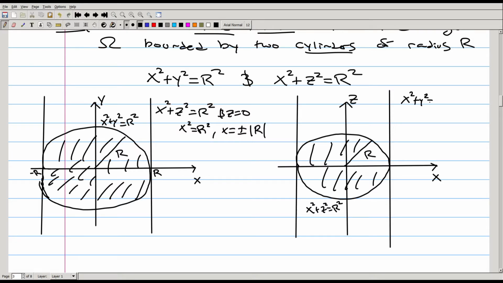Because you're looking at x squared plus y squared is equal to r squared, and this is at y equals 0. This trace at y equals 0 gives you x squared is equal to r squared, or x is equal to plus or minus the absolute value of r, which is this line right here and this line right here.